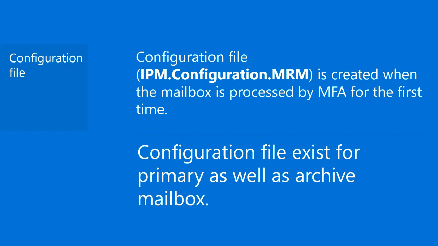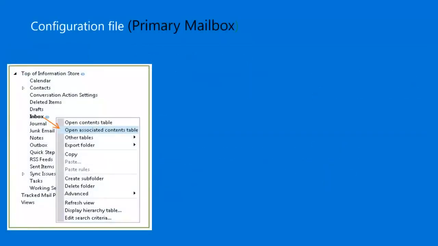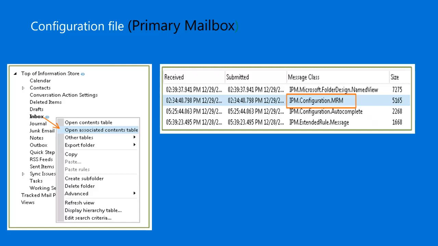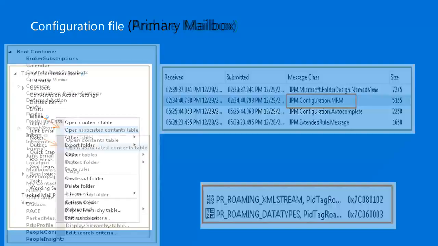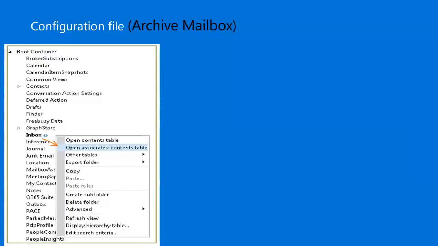To look into this configuration file, we will need to make use of the MFCMAPI tool, where you will be logging into the top of information store, the associated contents tables on your inbox. And if you sort it using the message class in the pop-out that you get, you will see IPM.Configuration.MRM. This will be the same when you look into the archive mailbox as well.